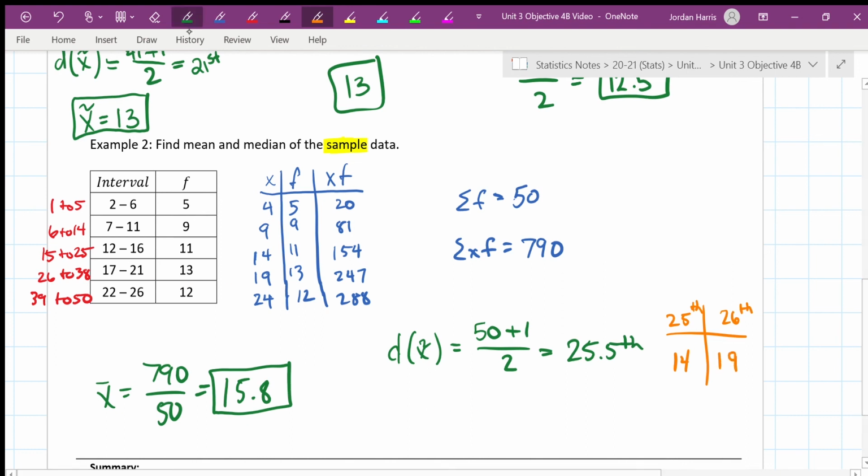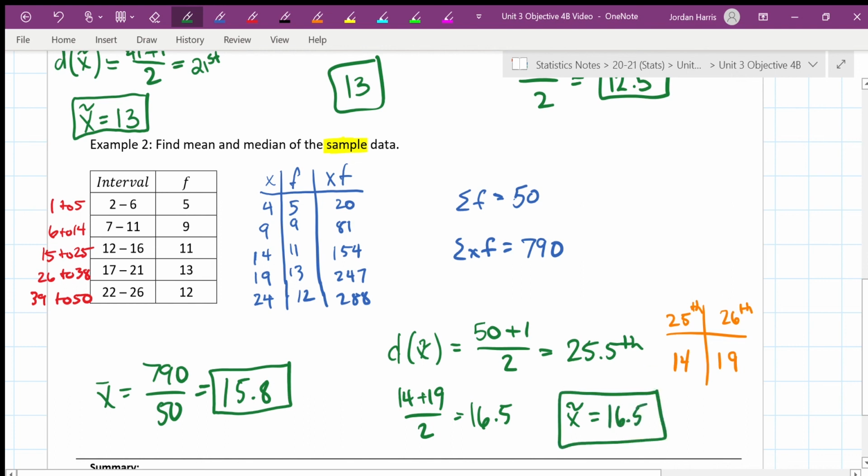So add them up, divide by 2, halfway in between them. 14 plus 19 divided by 2 is 16.5. So my median is 16.5. Halfway between the 25th and 26th terms. The 25th term was a 14. The 26th term was a 19. So halfway between, 16.5. And there we have it.